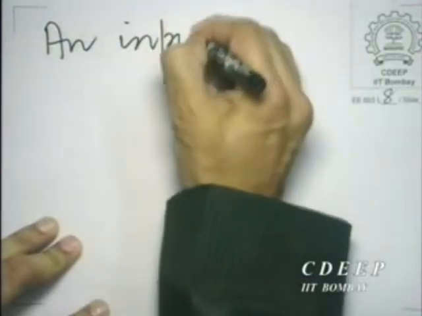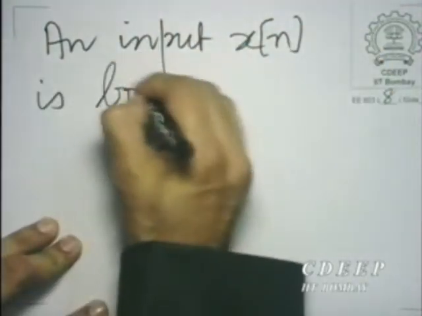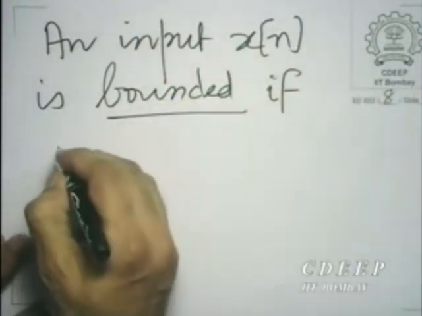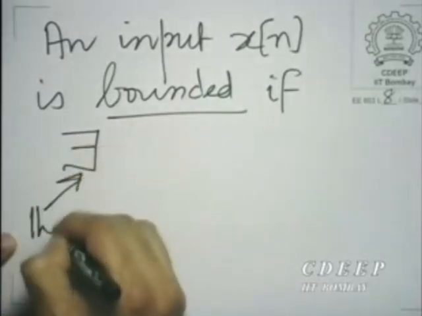So we said that an input xn is bounded if, now I introduce another notation, we'll use this notation to write there exists.